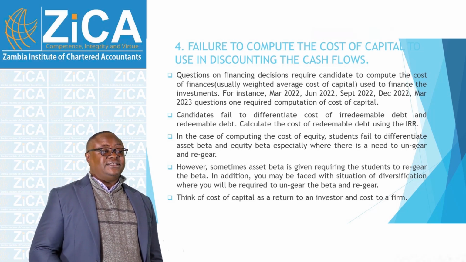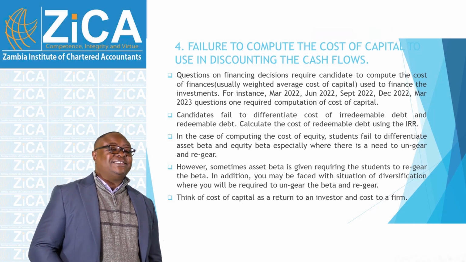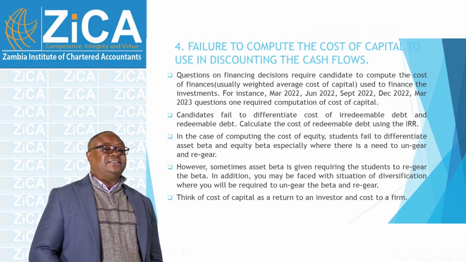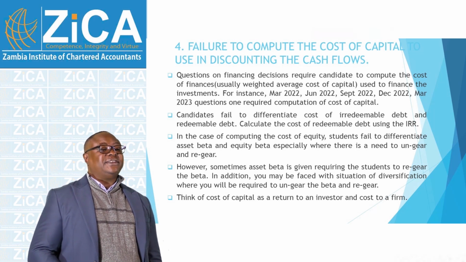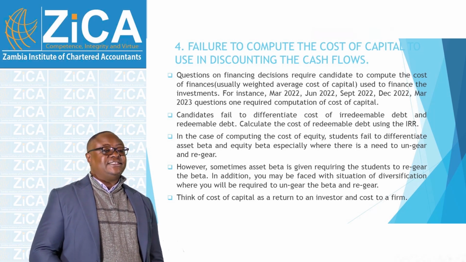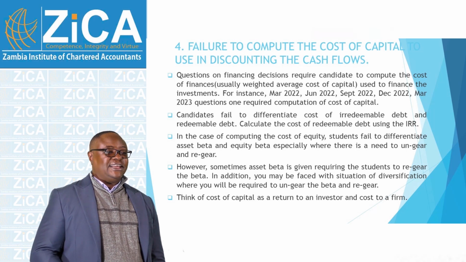Now, with the capital asset pricing model, it has been observed that students have got a problem in differentiating between asset beta and equity beta, more especially where you are required to do the ungearing and regearing. And this has been a problem or a nightmare for students.